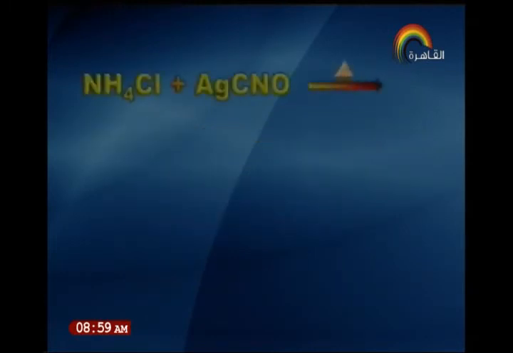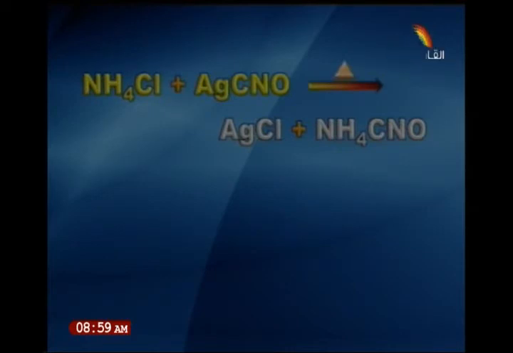This can be written as an equation: NH4Cl plus AgCNO, by heating. You know that? Sure. What happened to the silver here? Exchange, AgCl, silver chloride is produced. Not all. We have ammonium cyanate, NH4CNO. It's good to catch this, but not all.